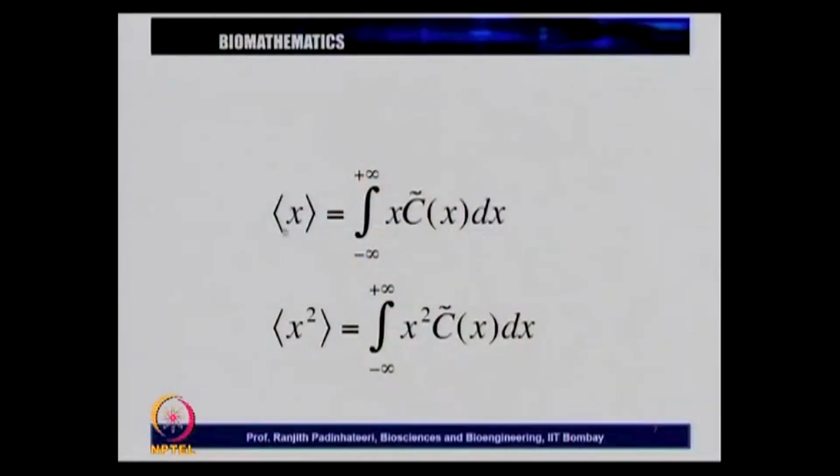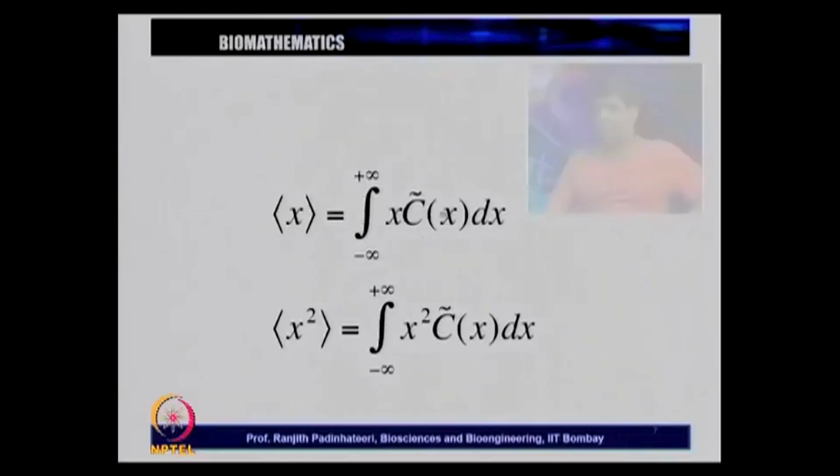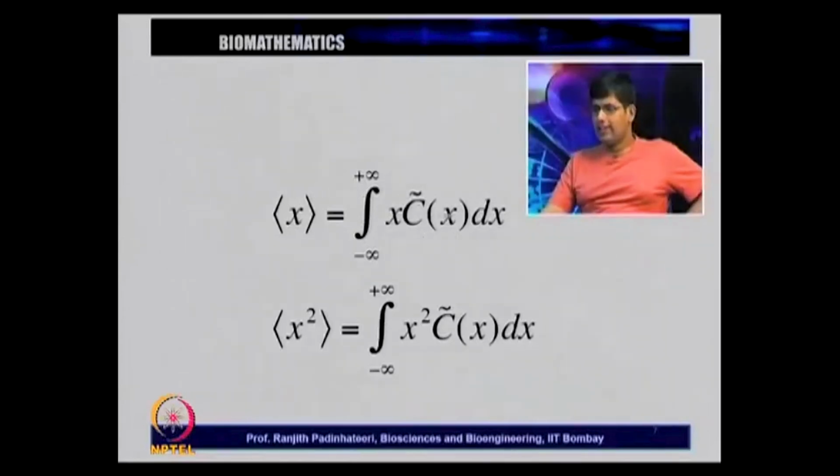Now, let us look at a few properties that we defined last time. We define x average. So, here x average is the integral of x c tilde of x dx. So, c tilde we just defined as concentration divided by C t.